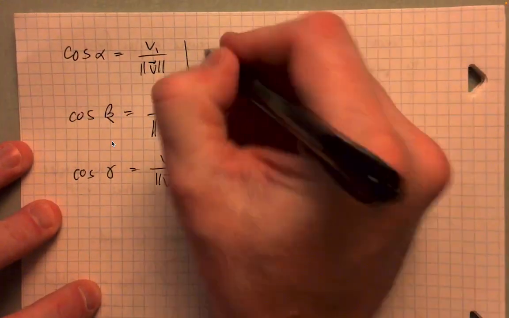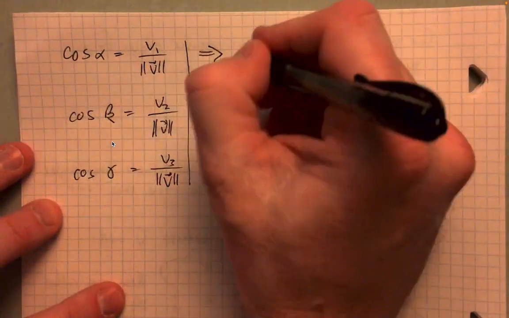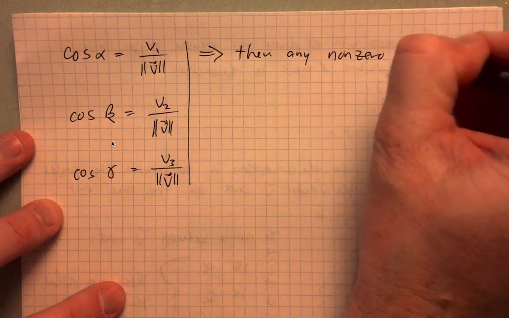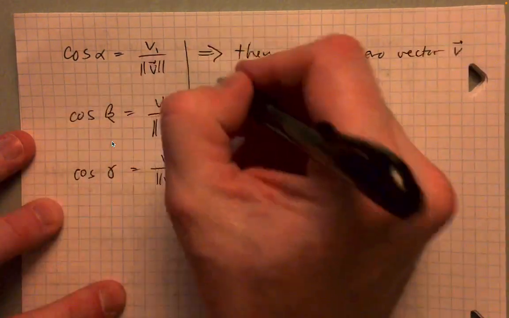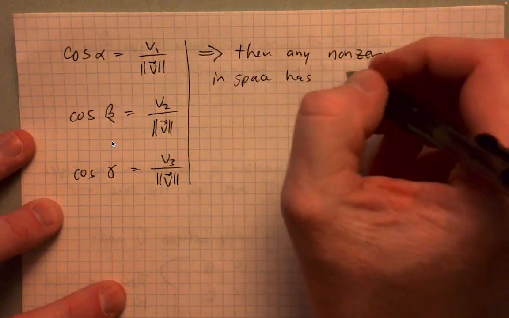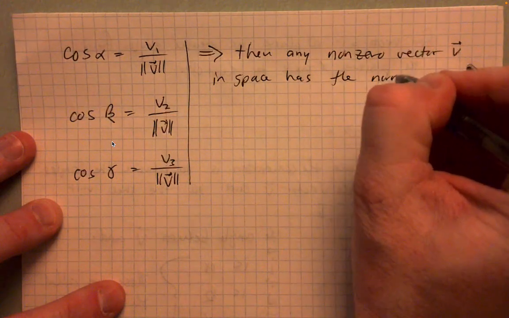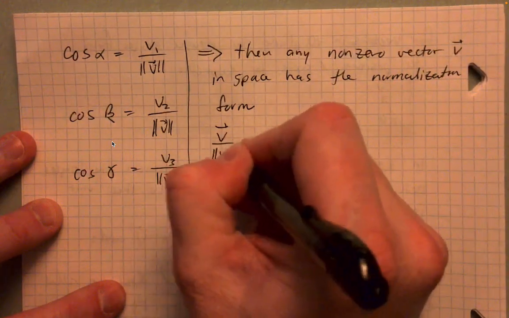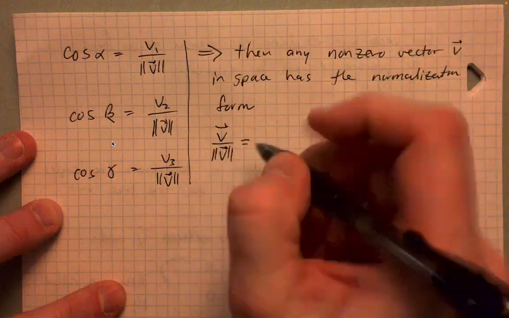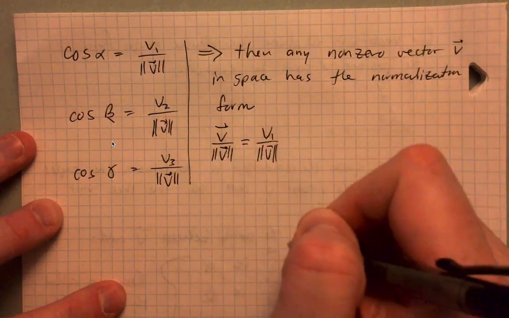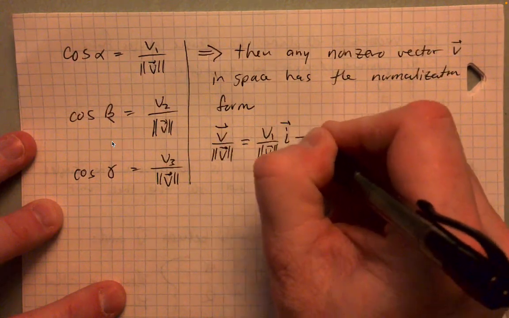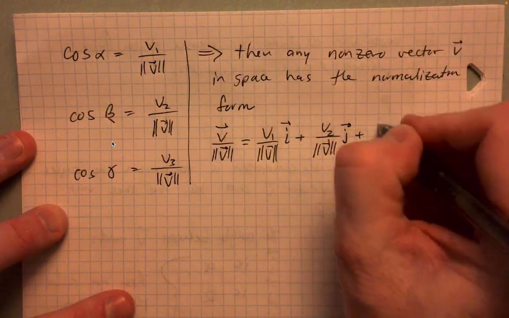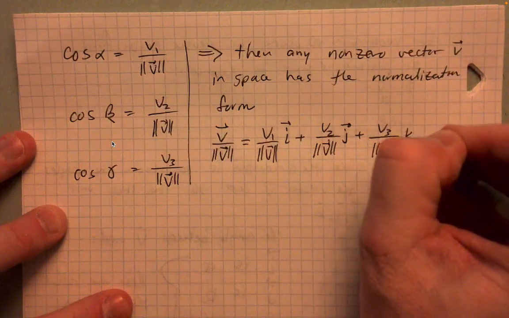All right, and so from this, it follows that any non-zero vector v in space has the normalization form: v over the norm of v is equal to v1 over the norm of v times the i vector plus v2 over the norm of v times the j vector plus v3 over the norm of v times the k vector.